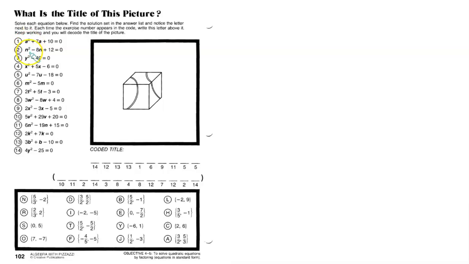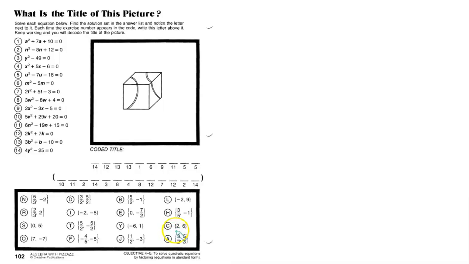Look at these degrees, 2, 2, 2, 2, 2. They're all quadratics, and they're all set equal to 0. So you're going to have to solve these in the fashion that we just did, solving by factoring. When you solve it, you'll get two solutions. So down here, you'll have to match it.